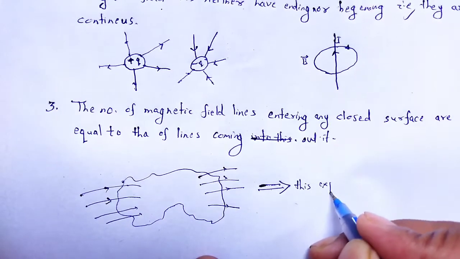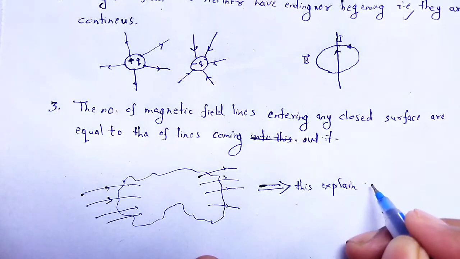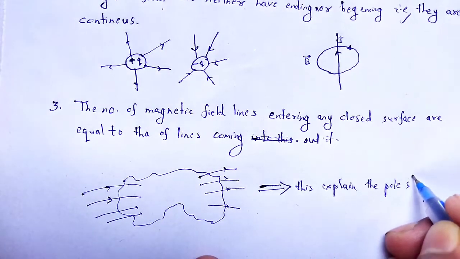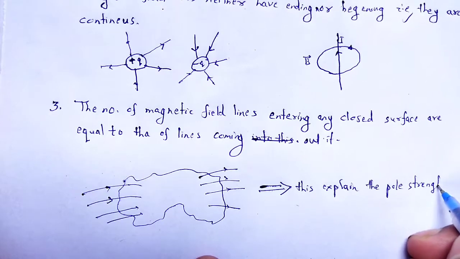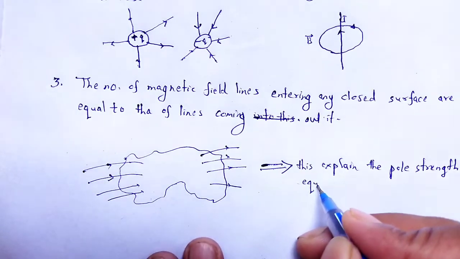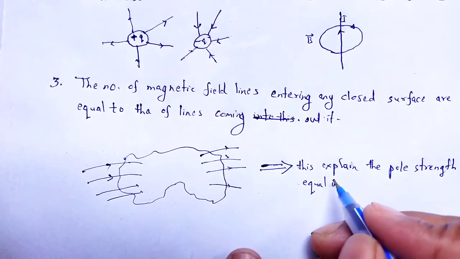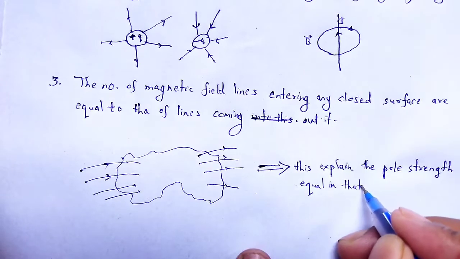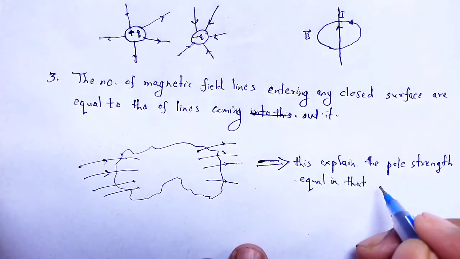This explains the pole strength is equal in that magnet.